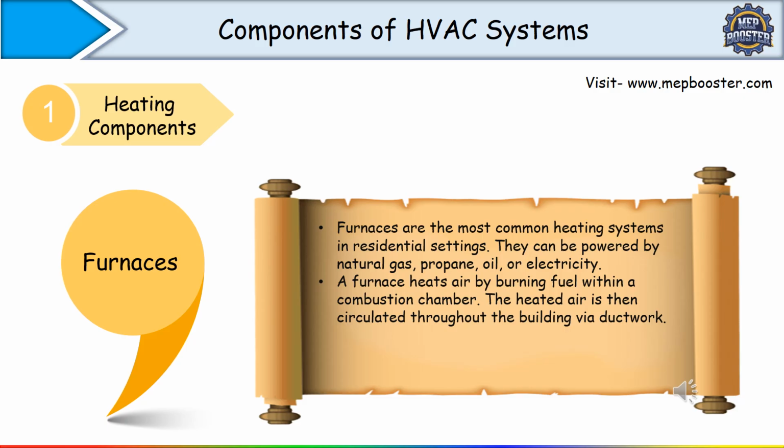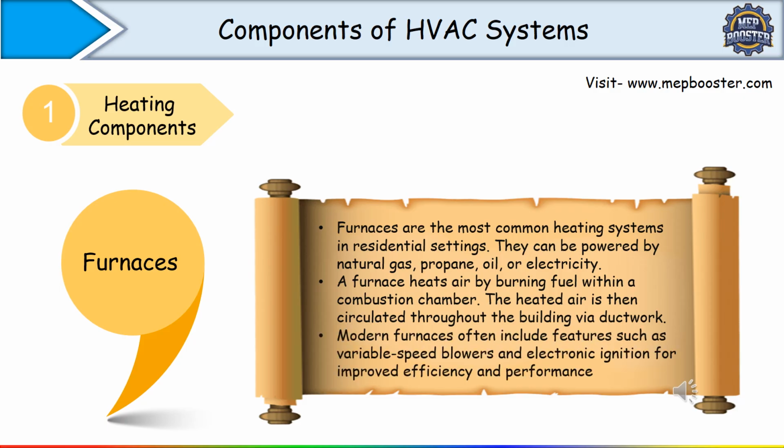The heated air is then circulated throughout the building via ductwork. Modern furnaces often include features such as variable speed blowers and electronic ignition for improved efficiency and performance. So this is the first component of heating system, furnace.